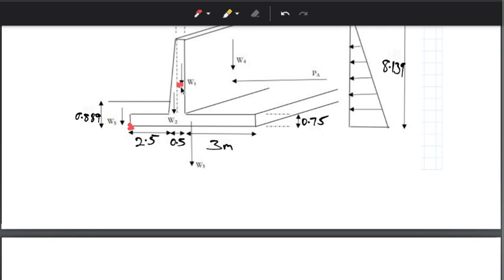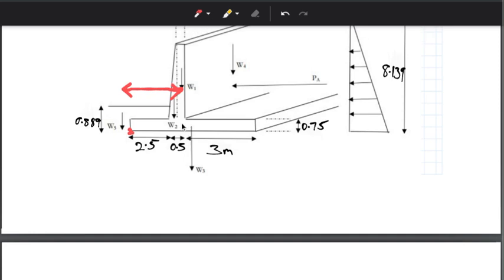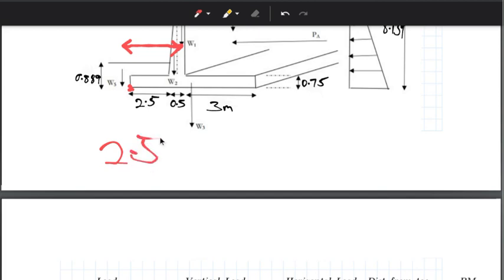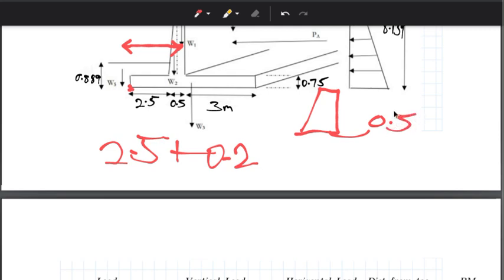So this point is actually going to extend from here to here. So how do we get it? It is 2.5 plus the first 0.2 here, then half of 0.3 would give us 2.85. This is the stem wall. We have this to be 0.5 and this 0.3.